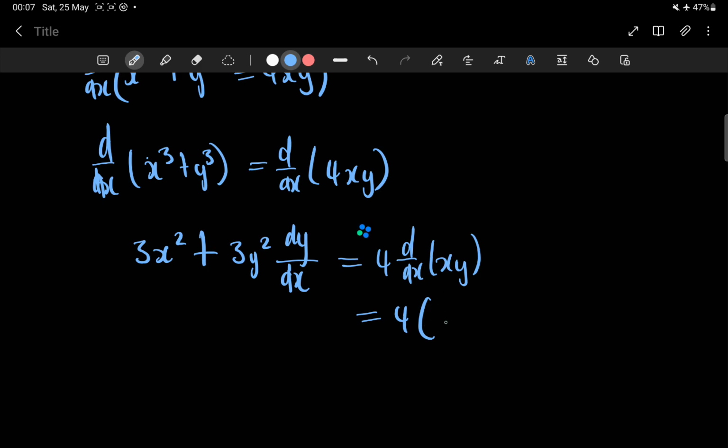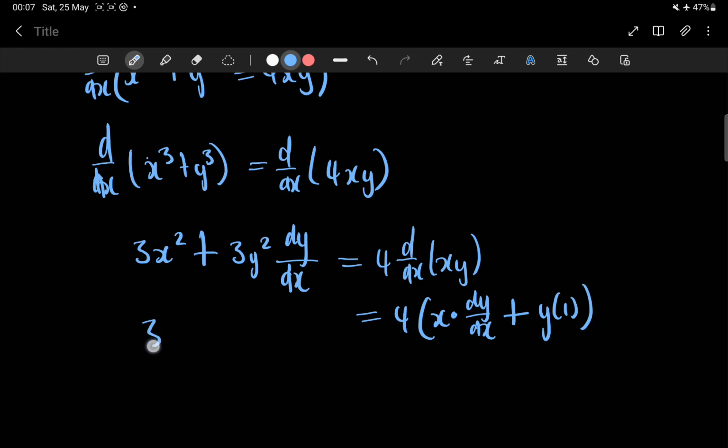The first, which is x, times the derivative of the second. Derivative of y is 1. But remember to then put dy dx, okay? Then plus the second, which is y, times the derivative of the first. Derivative of x is 1. So it will be times 1, okay?